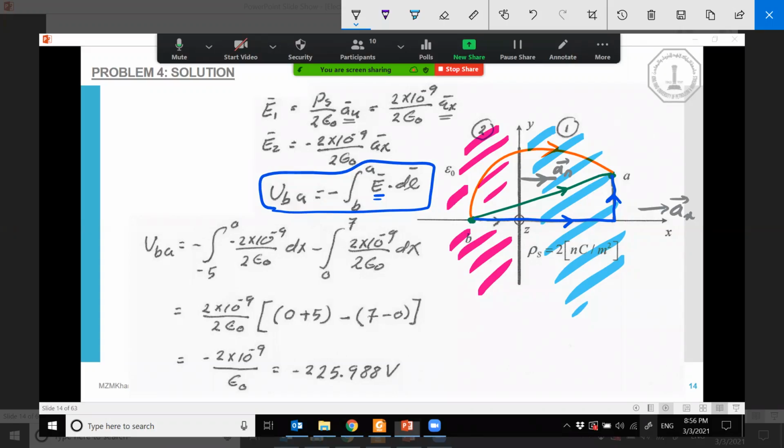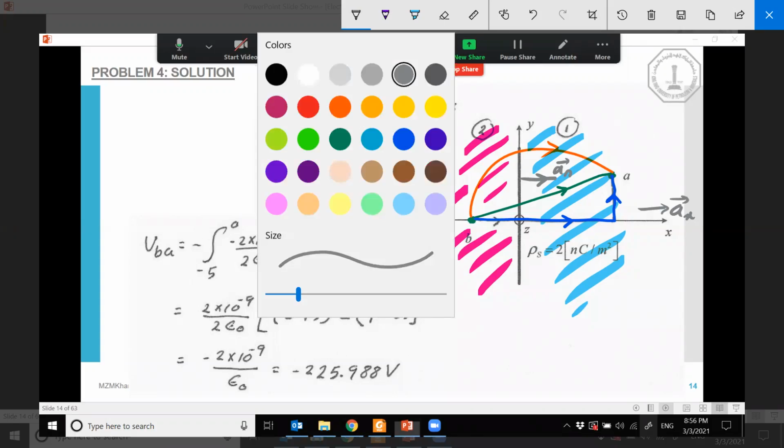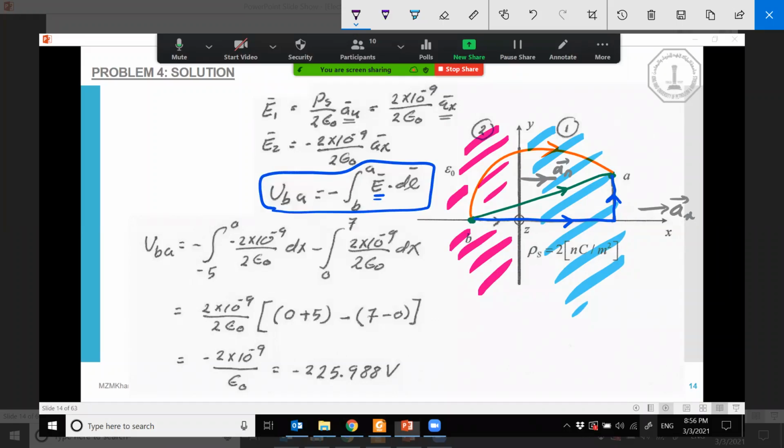Now in the pink region, according to the formula, you know it very well, this is how the AN is defined. Looking at our problem statement, what is this AN here in this region?